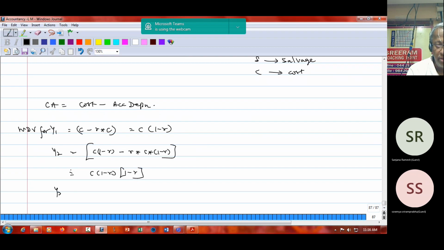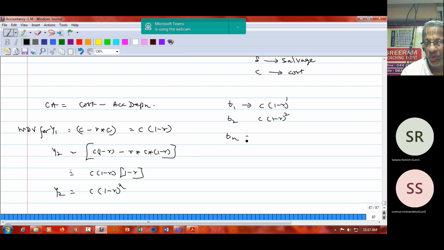So here year number 2 value is equal to C into 1 minus R to the power 2. Term 1 is C into 1 minus R to the power 1. Term 2 is C into 1 minus R to the power 2.